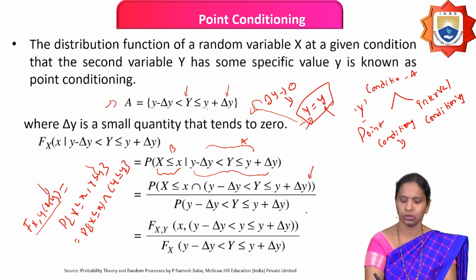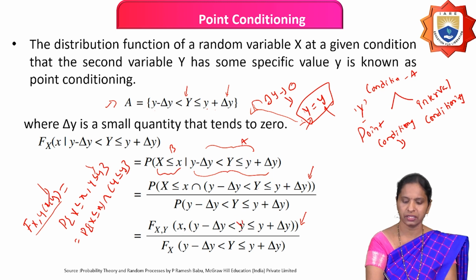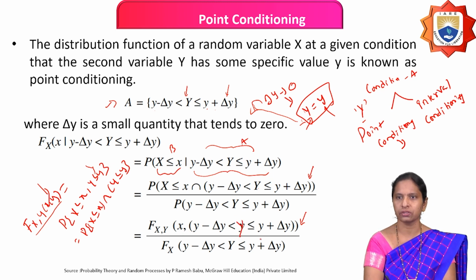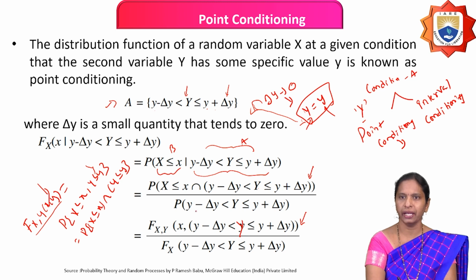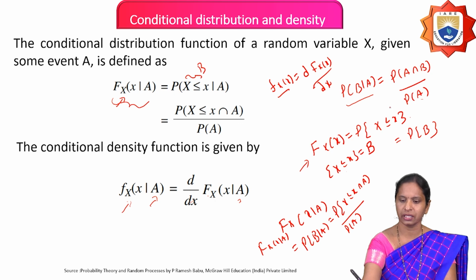So this is a joint distribution function, with y replaced by y minus delta y less than or equal to y plus delta y, divided by P of A. In place of A, what do I have here? y minus delta y less than or equal to y plus delta y. So what is Fx of x? You have already seen it.